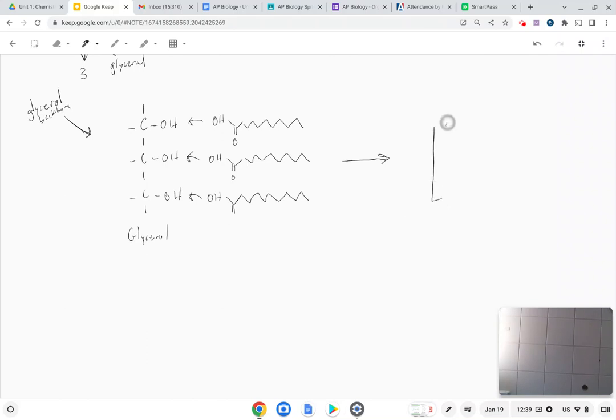The overall structure is the glycerol backbone connected to 3 fatty acids. If you want, you can label this as a fatty acid, and this as glycerol. 3 fatty acids connected to 1 glycerol, and that's what forms a triglyceride. Most fats that we consume in our diet are made of triglycerides.